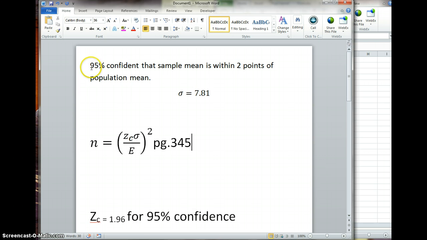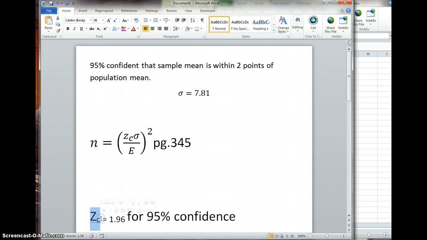All right, and what I'm going to show you is 95% confident that the sample mean is within 2 points of the real mean, the population mean. The problem, I believe, wants 99%, so you'll have to make a few adjustments. But the formula there on page 345 says we need to find z sub c, sigma, our error of estimation, multiply, divide, and then square.